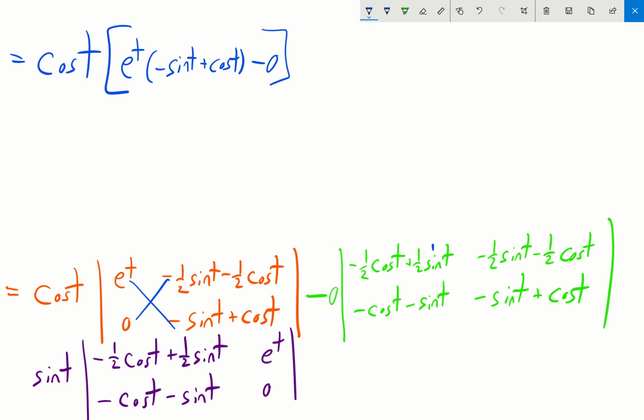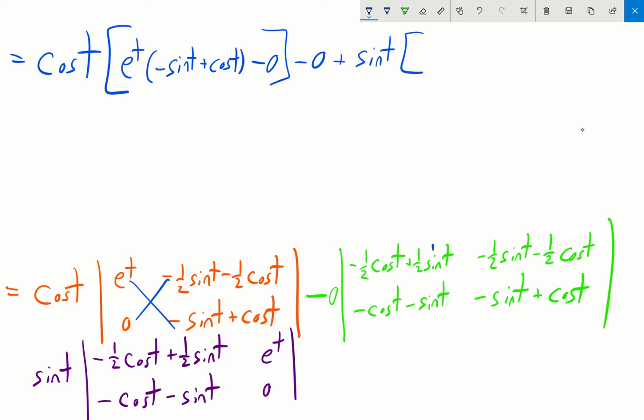So that's the first part. Luckily, when we did our expansion, this whole term was 0. So no matter what you get when you do this 2 by 2 determinant, this whole next term is going to be 0.